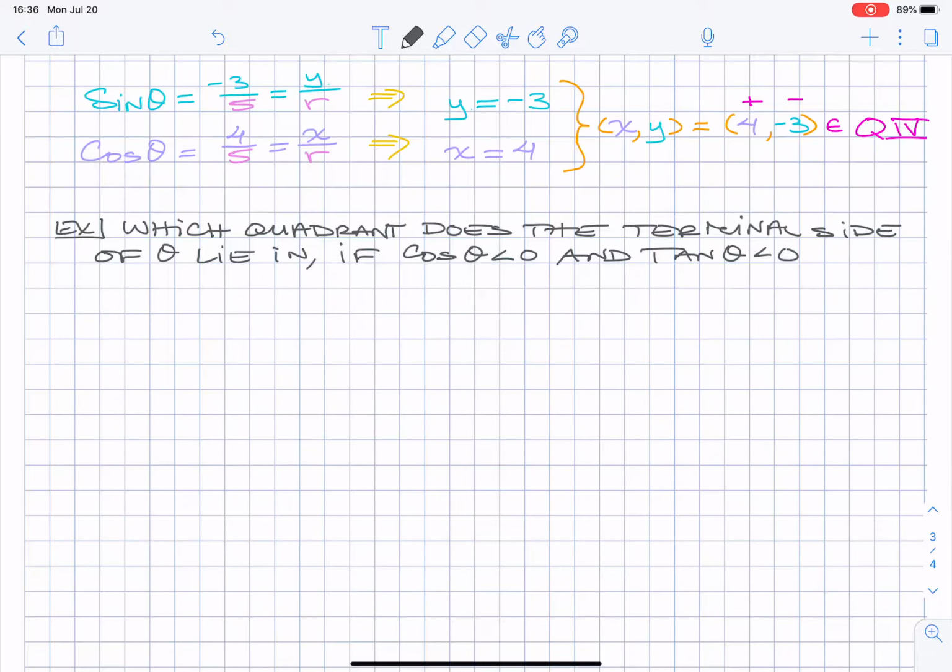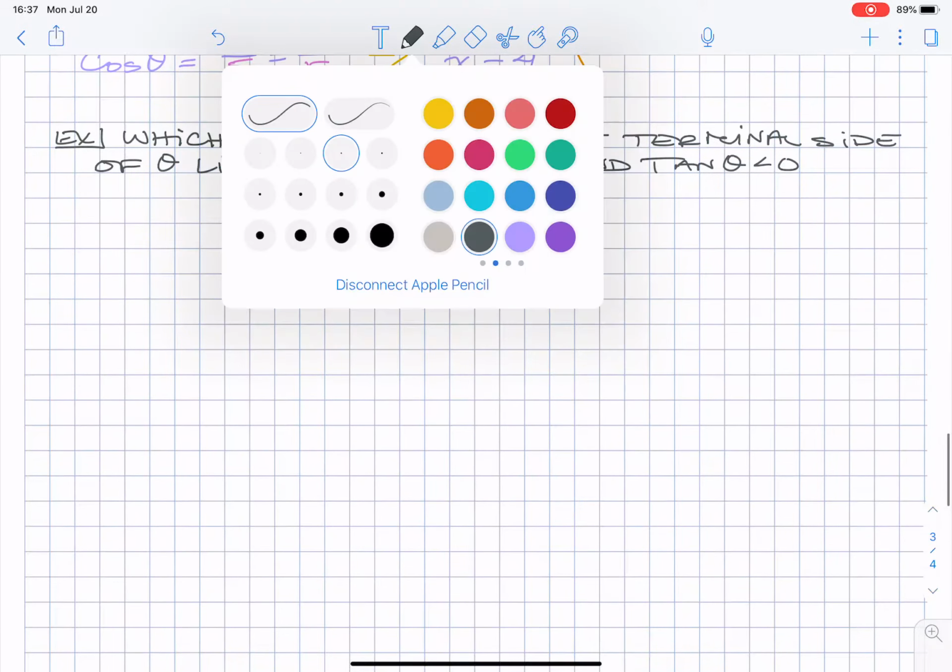Okay. So, well, let's take a look at this. What do we know? We know that cosine of theta is x over r. C comes before S, so x comes before y. I think I've got that right.